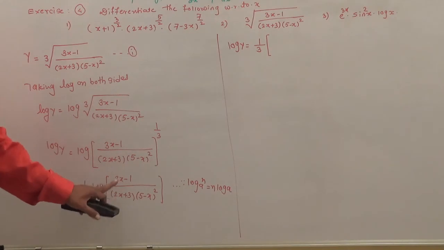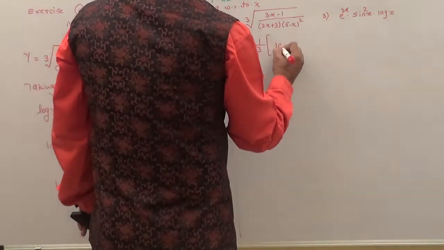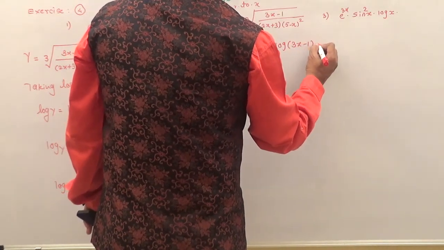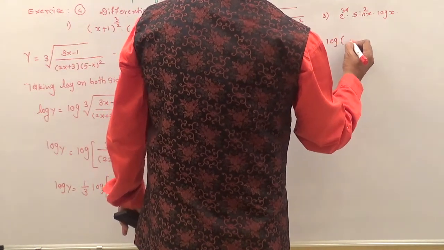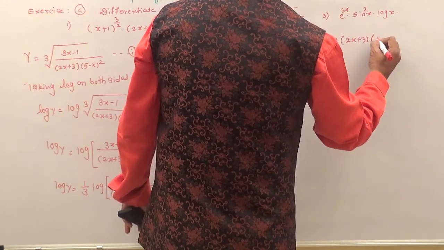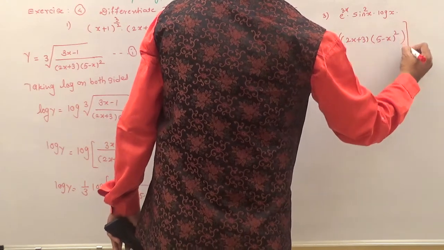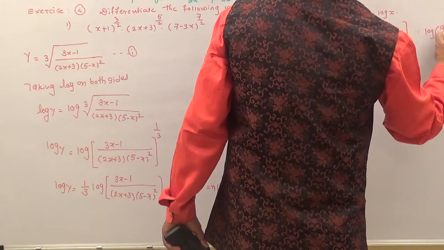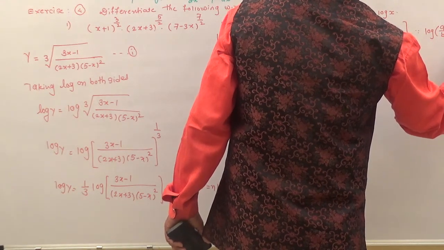Log A upon B is log A minus log B. So log of (3x minus 1) minus log of (2x plus 3) into (5 minus x) square. Apply this formula: log of A upon B is log A minus log B.